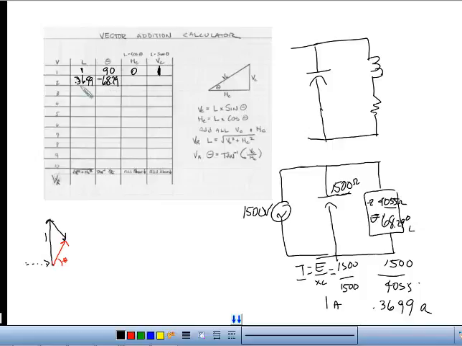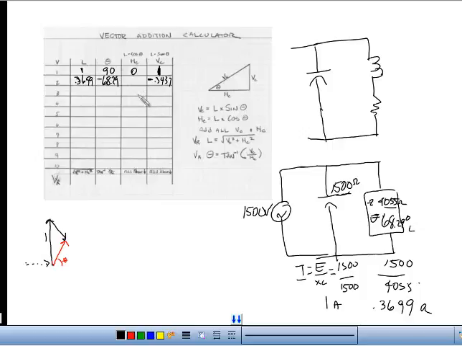Length of the vector is 0.3699 times the sine of, remember your negative sign, negative 68.29 degrees. Plug that in your calculator. Your vertical component is negative 0.3437.